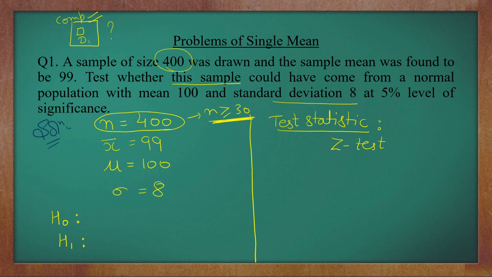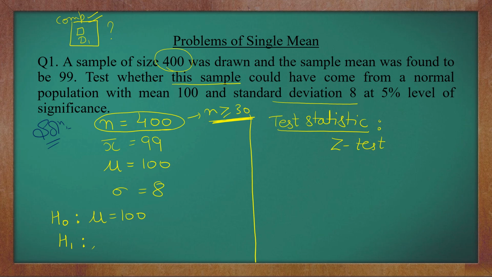So you will say the null hypothesis means there is no difference. Mu is 100. You will say there is no difference. Yes, I'm choosing from this population only. Now, for the alternative hypothesis, are you getting any word like greater than, less than, beyond, below, shorter, larger?